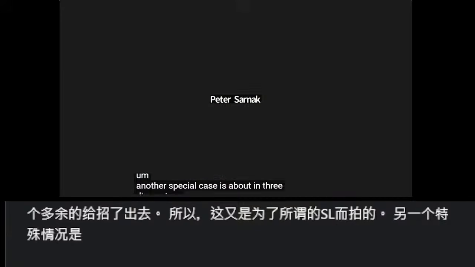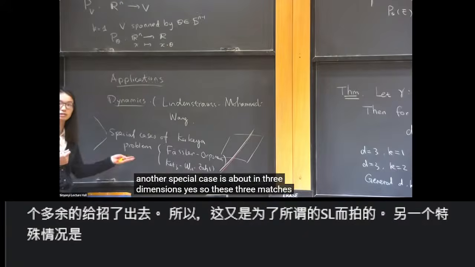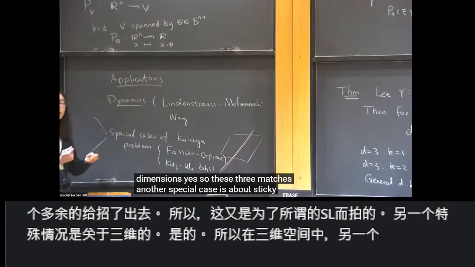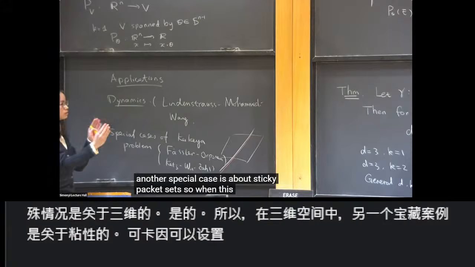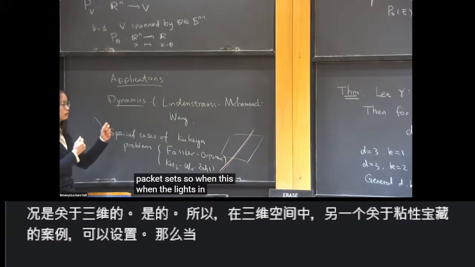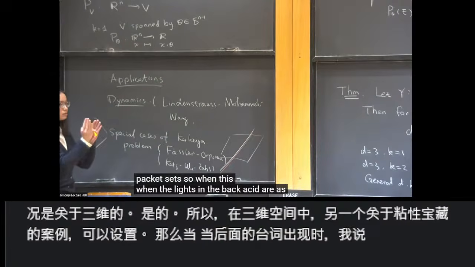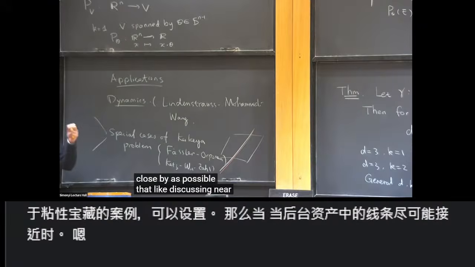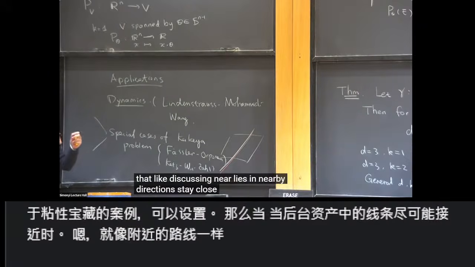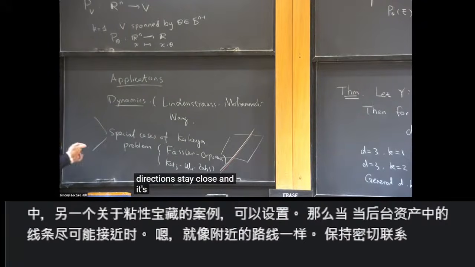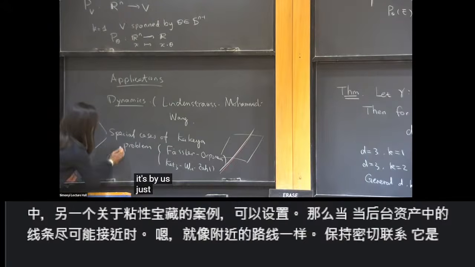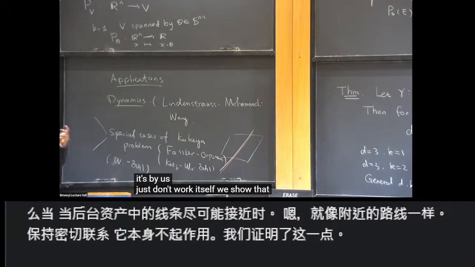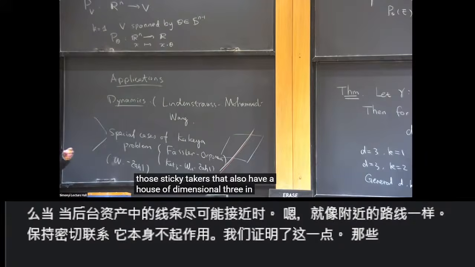This is in 3 dimensions? Yes, in 3 dimensions. Another special case is about sticky Kakeya sets, where the lines in the Kakeya set are as close by as possible, that is, lines in nearby directions stay close. By George Walker's result, we show that those sticky Kakeya sets also have Hausdorff dimension 3 in R3.